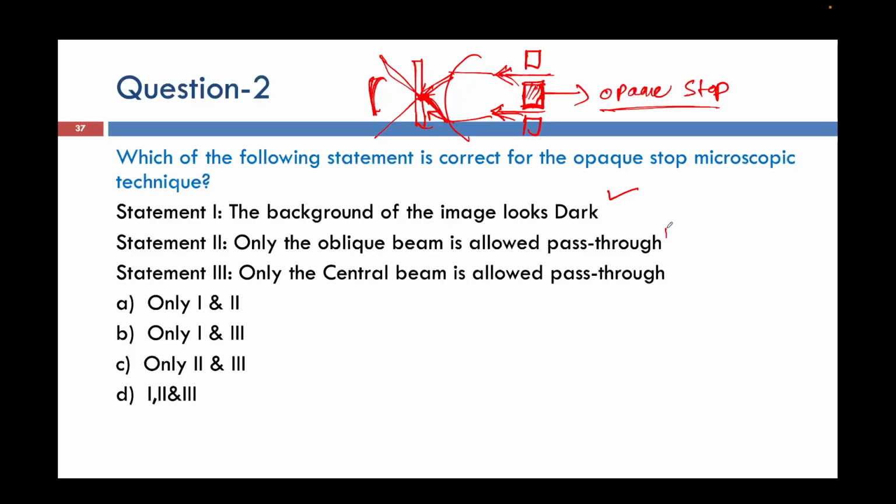So this one is also true. Statement 3, only the central beam is allowed to pass through. If we put an opaque stop in the center, the central beam will not be able to go through, so this sentence is wrong. So out of the options, only one is correct: only 1 and 2. Yeah, only 1 and 2.